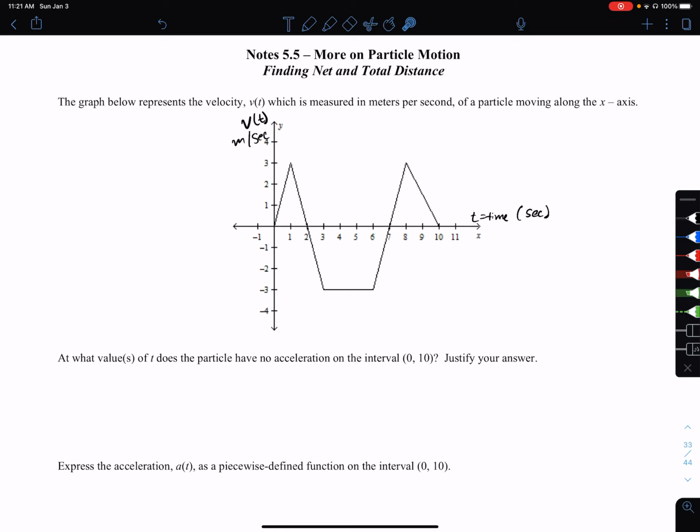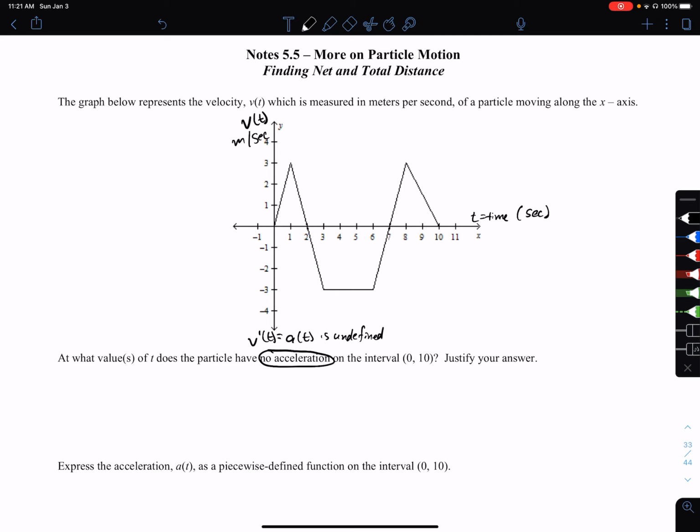Zero acceleration and no acceleration are different things. No acceleration means that the acceleration is undefined. For the acceleration to be undefined, that means the velocity's derivative has to be undefined.